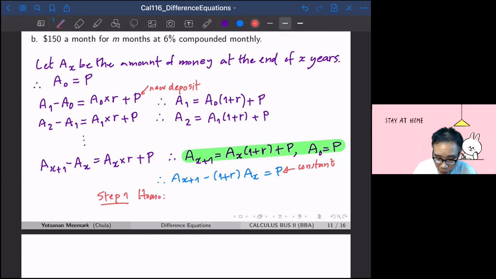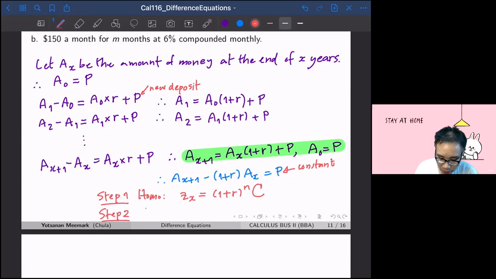For the homogeneous, you're going to get that AX equals 1 plus R to the power X, times a constant C. And then you have step 2, where you have the constant part for this one.